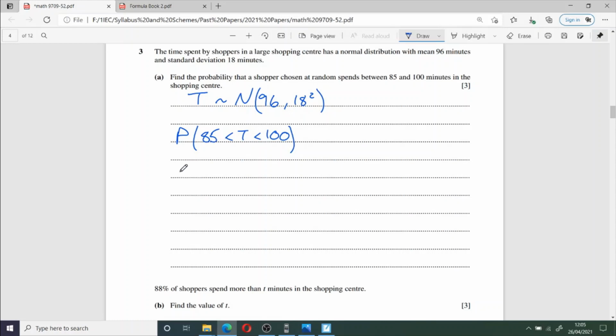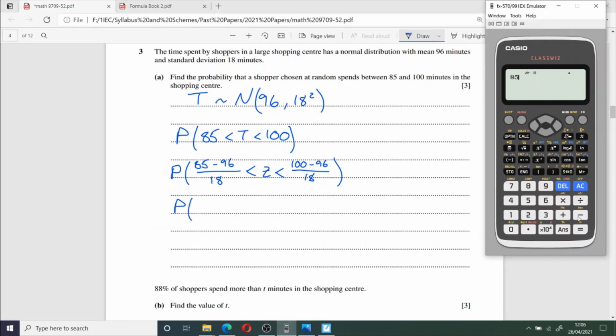So let's first of all normalise our variable. So 85 subtract 96 divided by 18 is less than z, and 100 minus 96 divided by 18, this is what we're looking for.